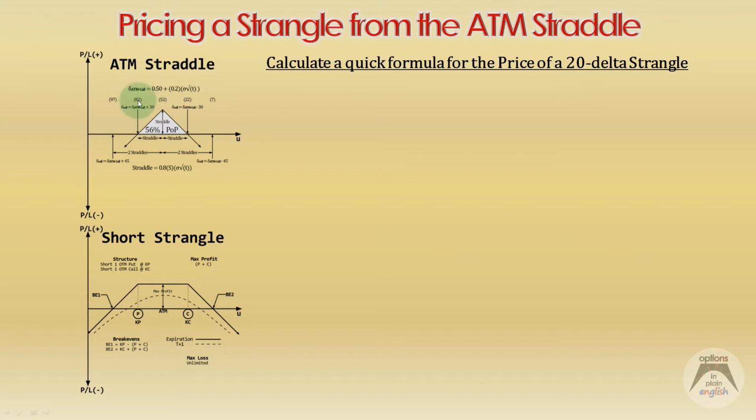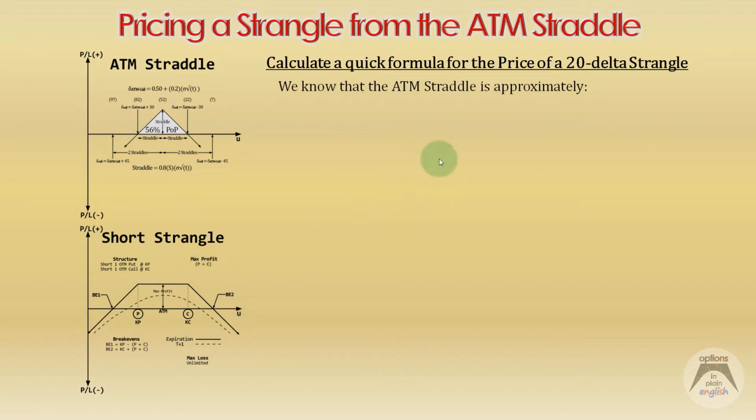And for this 80, the other side of the coin, the put, is going to be equal to 100 minus 80. So the delta of the put is going to be 20. So we're going to calculate from the at-the-money straddle the value or the premium of the short strangle, where the short call is at the 20 delta and the short put is at the 20 delta as well.